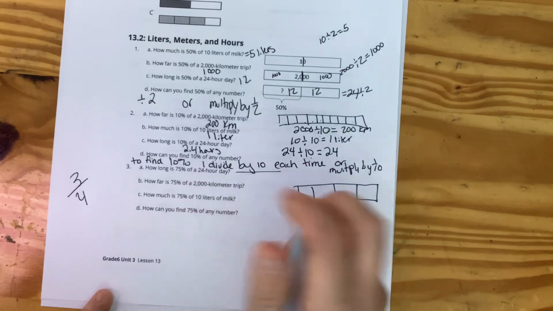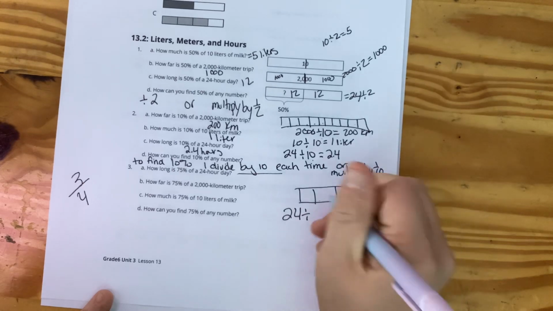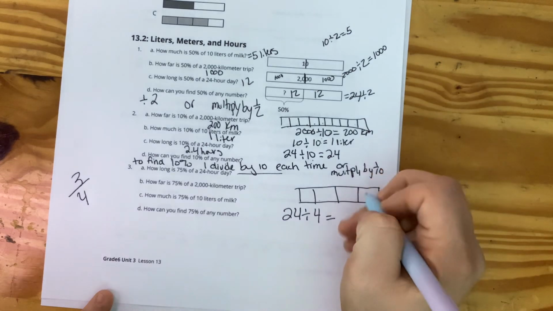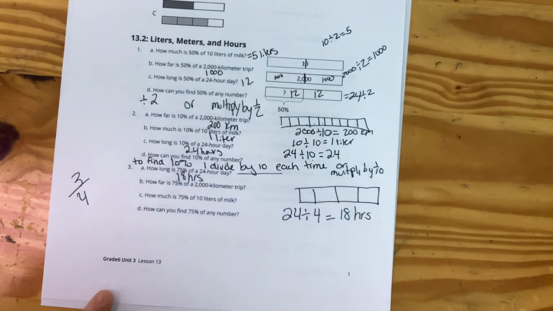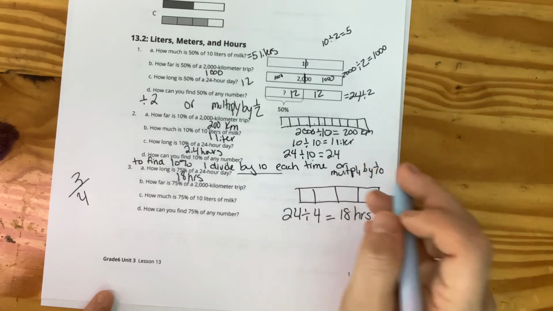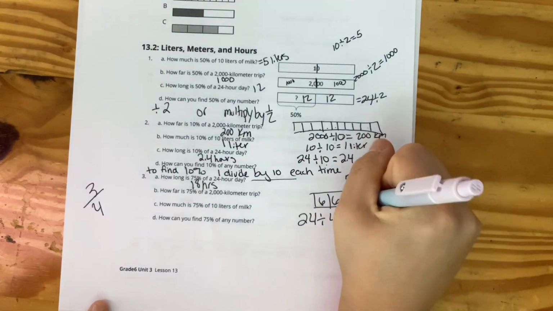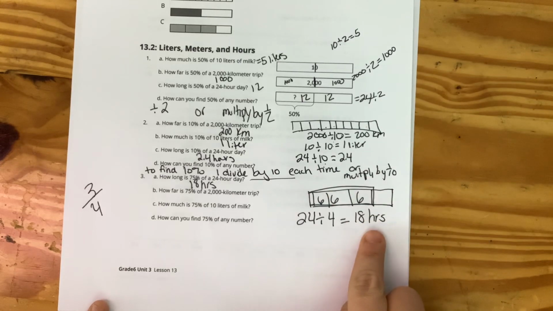So I'm going to just look at my same process here. 24 hours a day divided by, I have 4 groups in my tape diagram. 24 divided by 4 is 6 per box. And I need 3 of the 4 boxes, so it's going to be 18 hours. 75% of 24 is 18 hours.